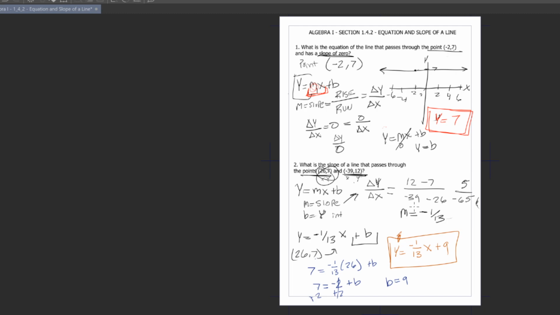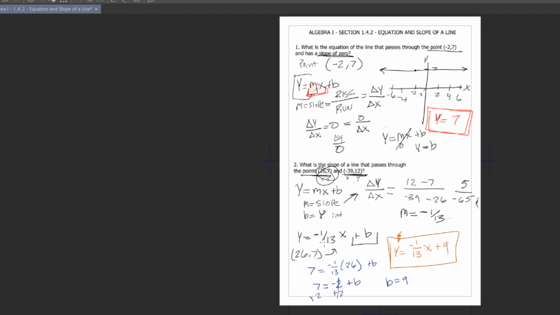We then take that slope and plug it back into our standard format equation, y equals mx plus b. That gives us y equals negative 1 over 13 times x plus b.